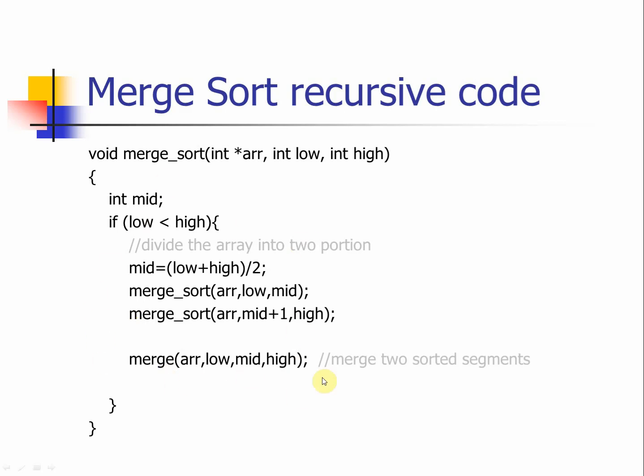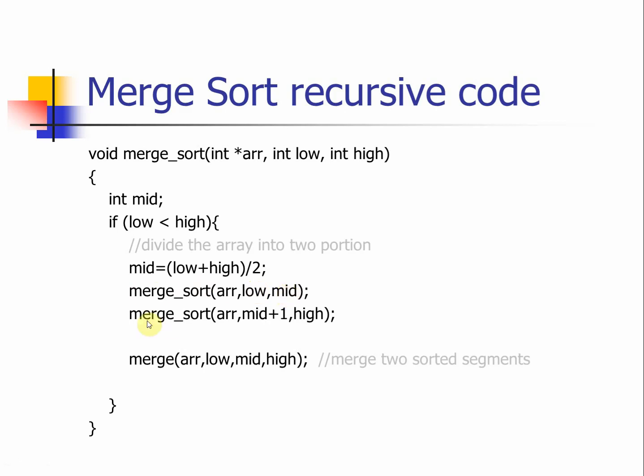So what does the general case scenario try to do? First of all, you calculate the middle value, and then you divide the whole segment into 2 halves, and then apply the same merge sort function. So you see that you use the same array, pass in the low index, pass in the middle index, and on the other side, middle plus 1 to the high, assuming that they will keep dividing the whole thing up.